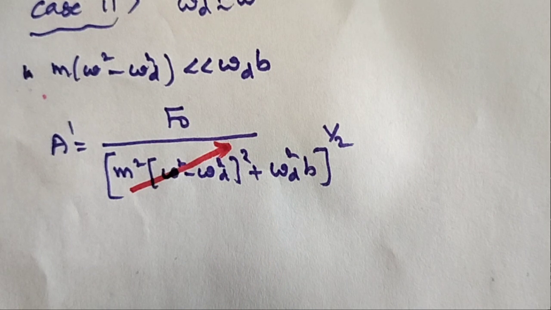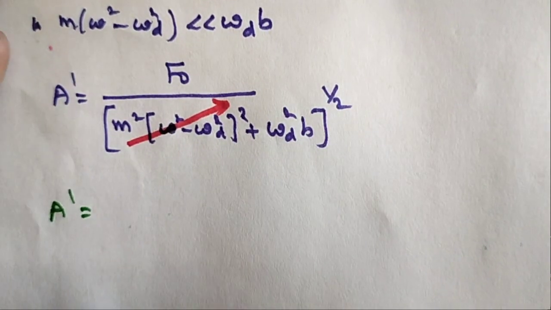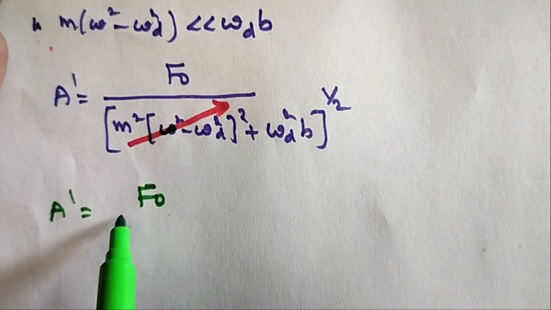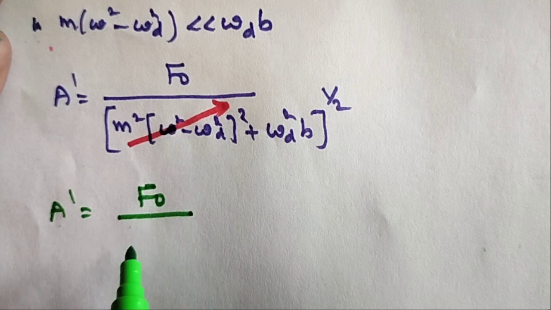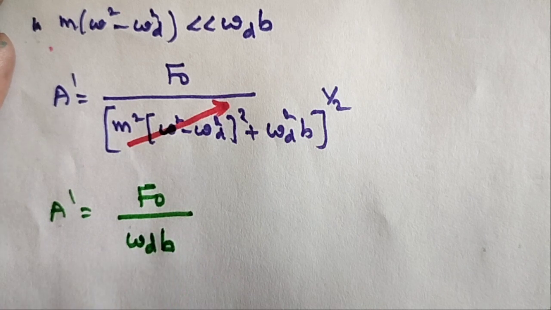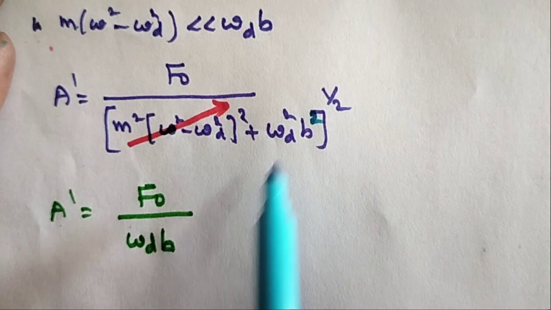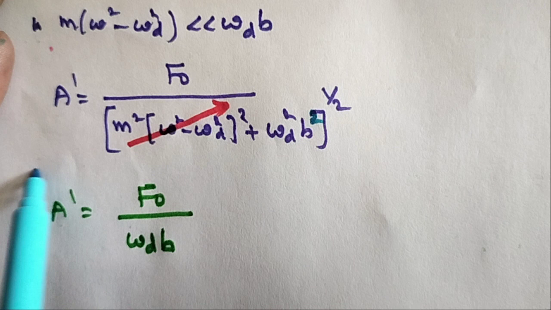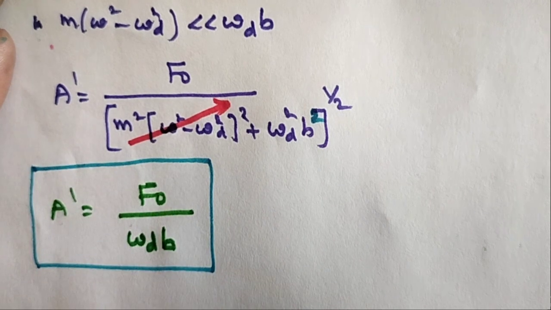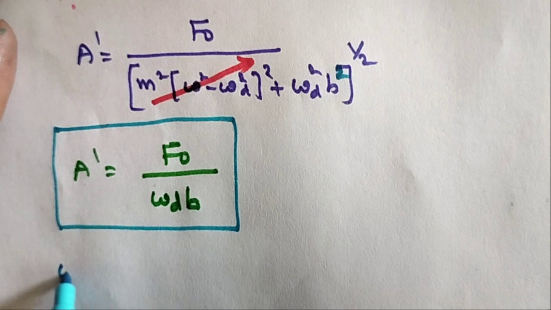So what is the equation in this case? A dash is equal to F naught by omega d b. Actually this is a square, so the square and root will cancel. So A dash is equal to F naught by omega d b, where omega d means driving frequency.